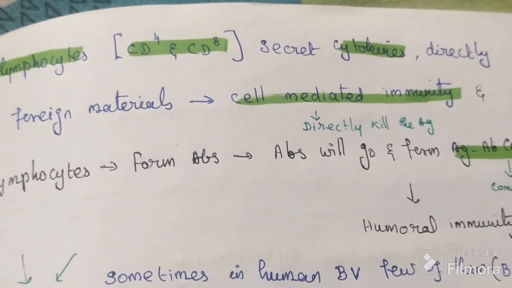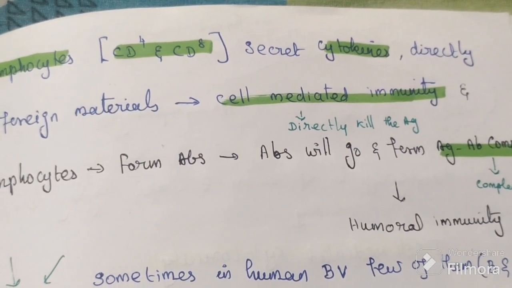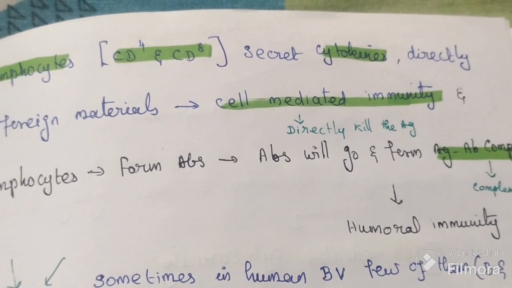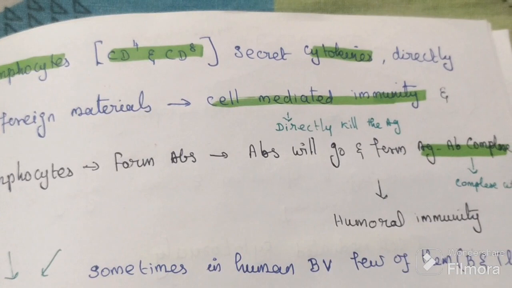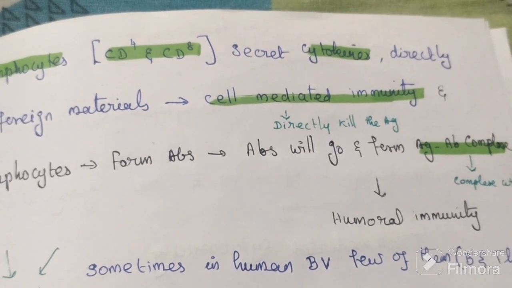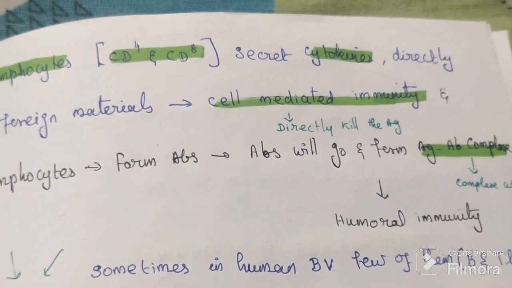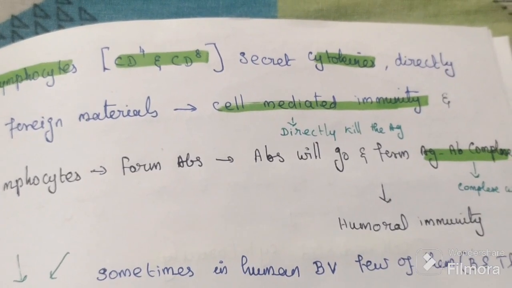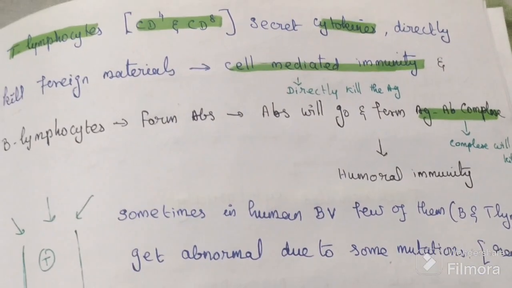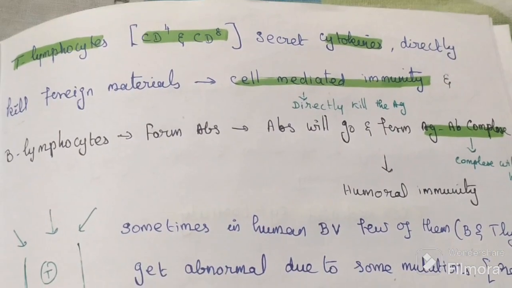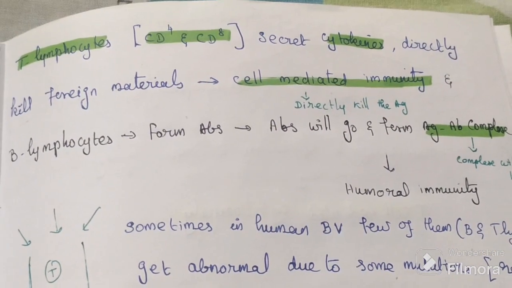So we have two types of immunity. Basically, cell-mediated is T lymphocytes, and humoral immunity is B cells. Humoral immunity means due to antibodies, and cell-mediated means directly killing the cell. T lymphocytes directly kill the antigen by themselves.